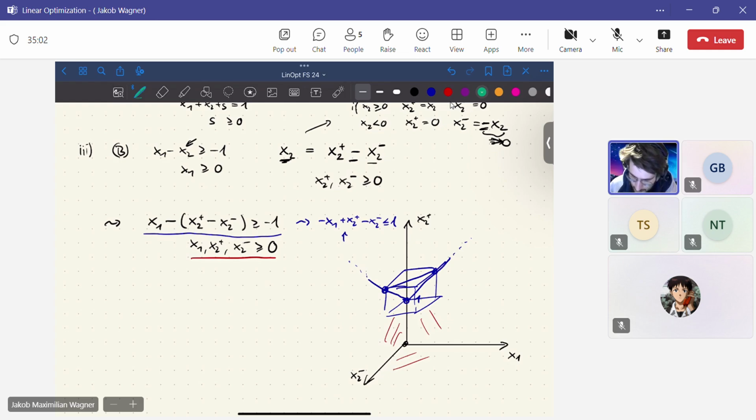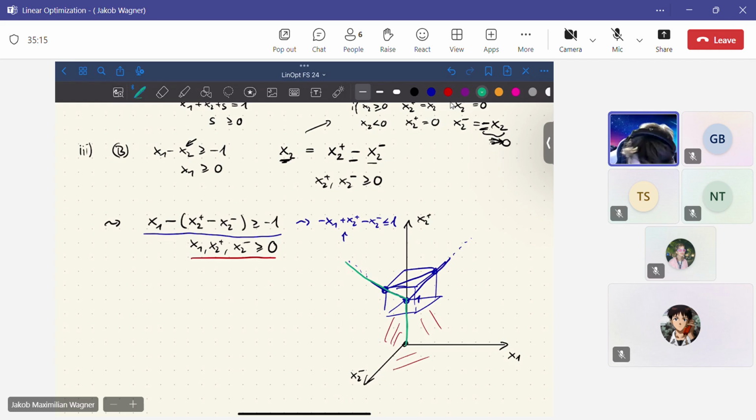And so if we take everything together, our feasible set is in this plane. It's bounded by this line, and then here, and extends into these directions, and into this direction here and here.